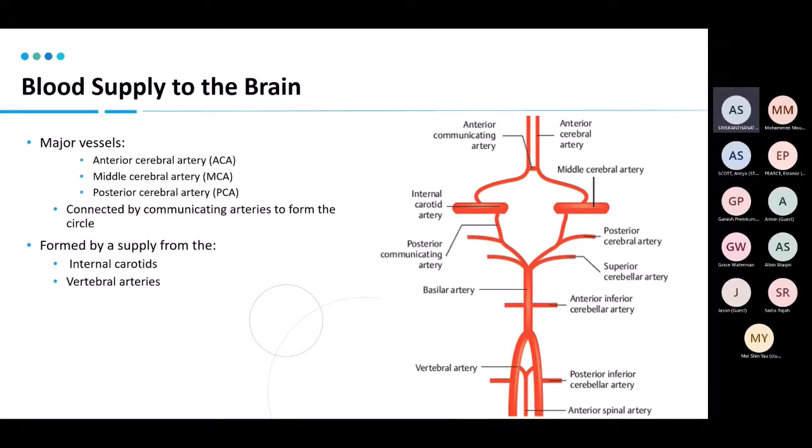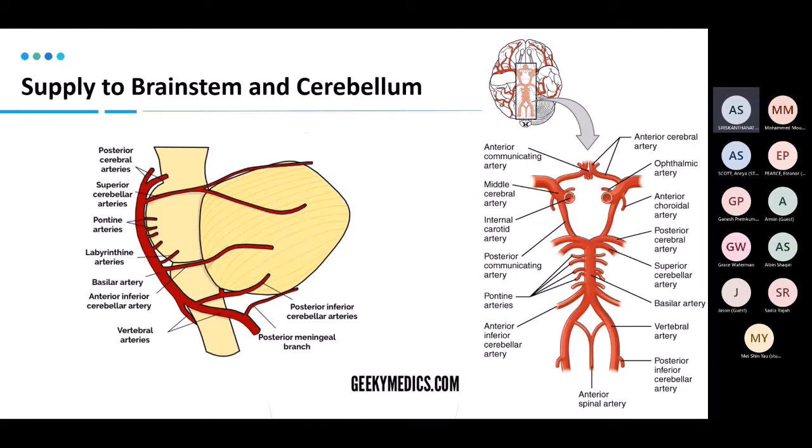This circle of Willis is supplied by your internal carotid and the vertebral arteries. Then you've got other branches coming off the basilar artery, which supplies your brainstem and your cerebellum as well.